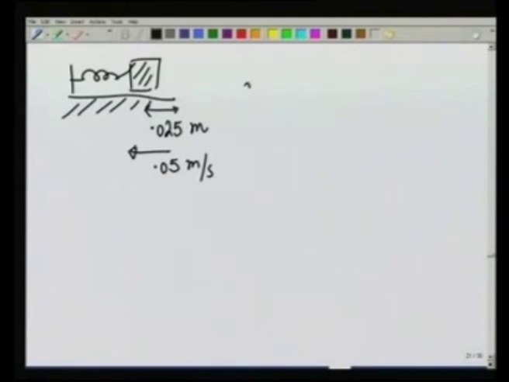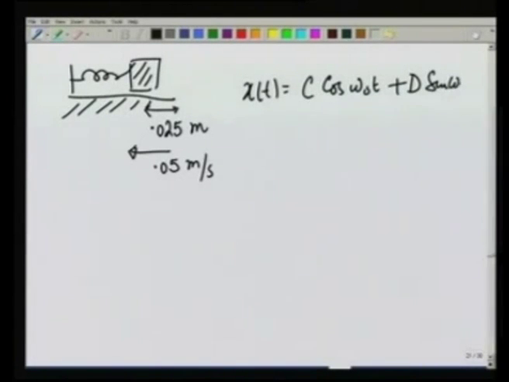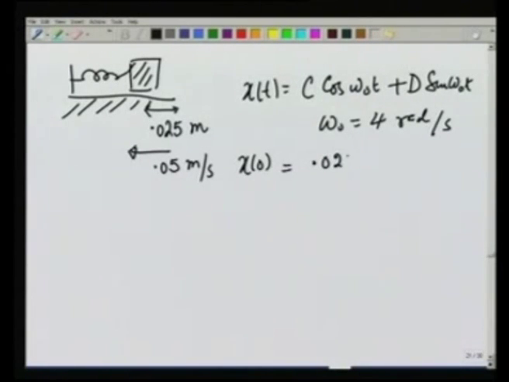Again, looking at the system, I have x(t) is equal to c cosine of omega 0 t plus d sine of omega 0 t, where omega 0 is given to be 4 radians per second. I have x at 0 is equal to 0.025, and this is equal to c.